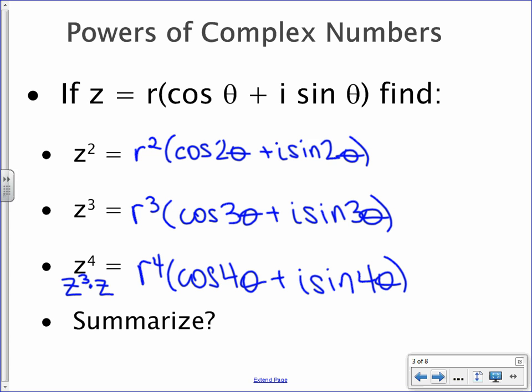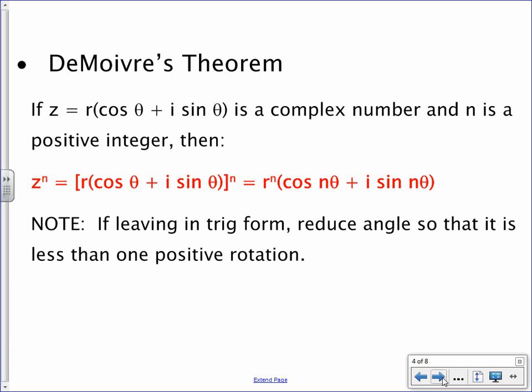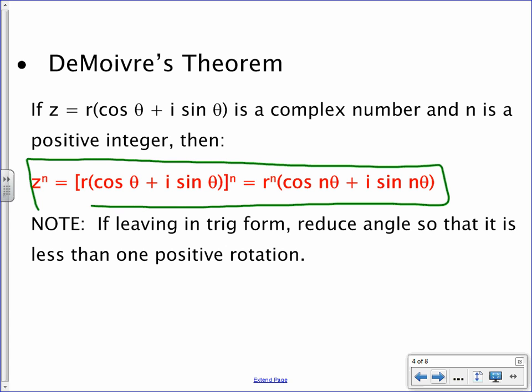It gets multiplied by that number. Great. So if we have a number raised to a power, we take r to the power, and we multiply the angle times that power. That's it.